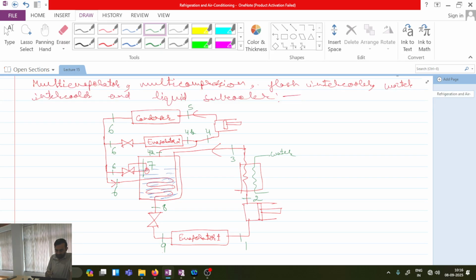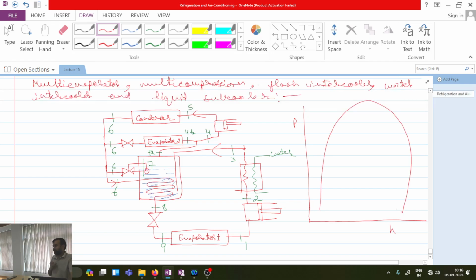Now what I need to do? Next task, I need to draw it on the pH diagram. On the pH diagram, I will be having three pressure limits: condenser pressure, PE2, the second evaporator pressure, and the first evaporator pressure.